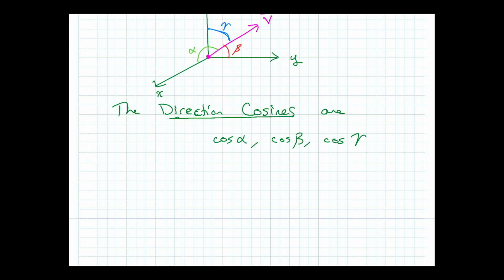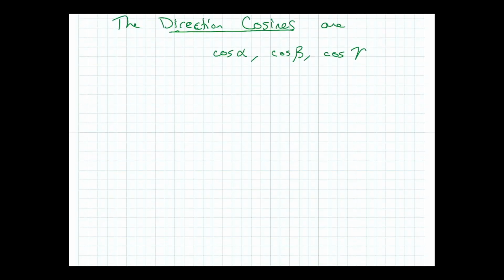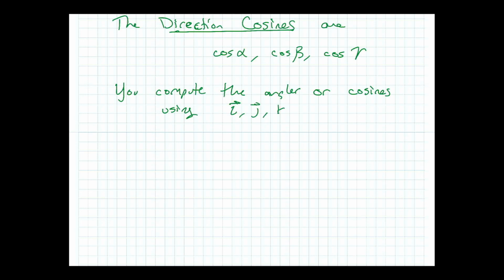And the way you would calculate them, either the direction angles or the direction cosines, is by using the i, j, k vectors. That's how you would do it. You compute the angles or cosines using the i, the j, and the k vectors.